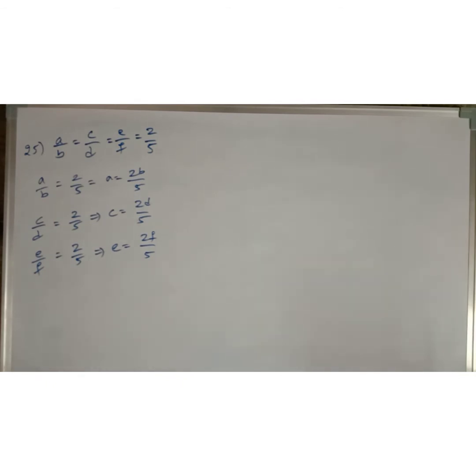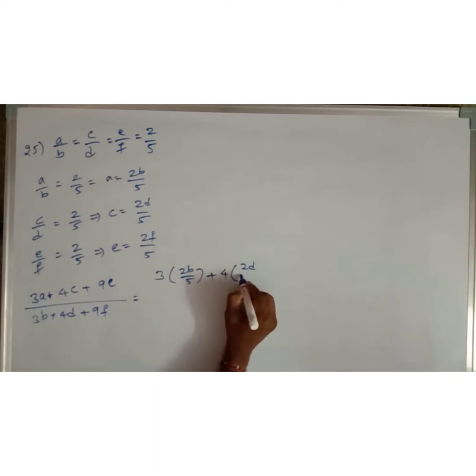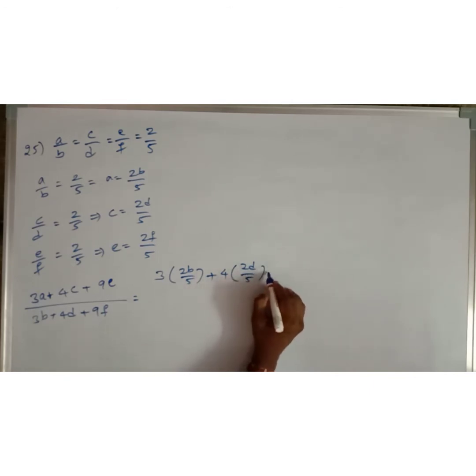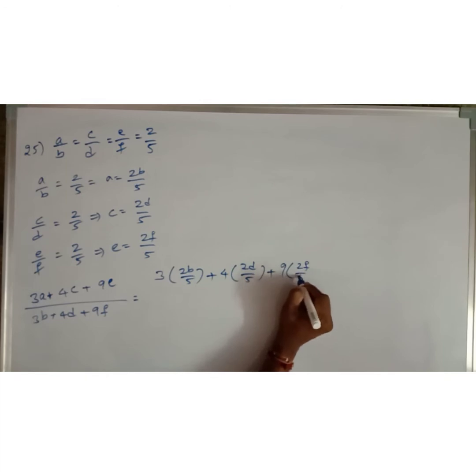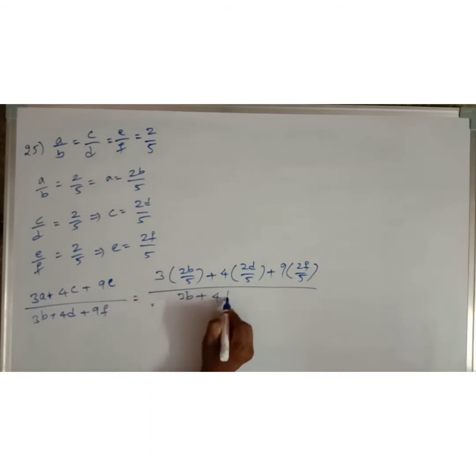Now I am going to substitute the values in 3a plus 4c plus 9e by 3b plus 4d plus 9f, which is equal to 3 into the a value, 2b by 5, plus 4 into the c value, 2d by 5, plus 9 into 2f by 5, total divided by 3b plus 4d plus 9f.